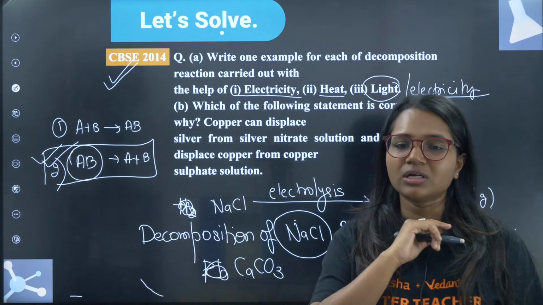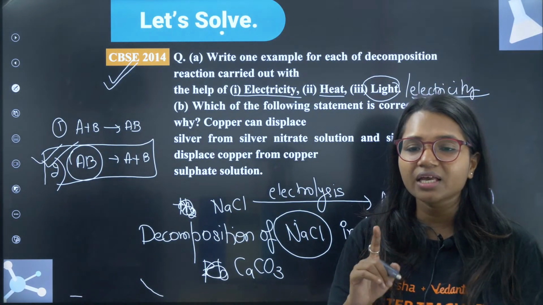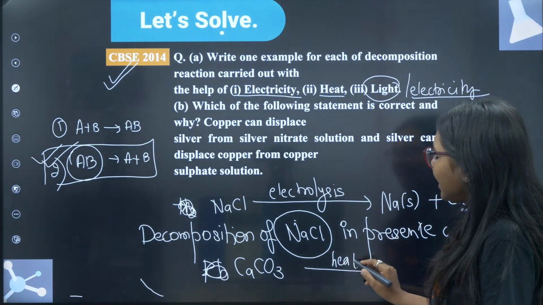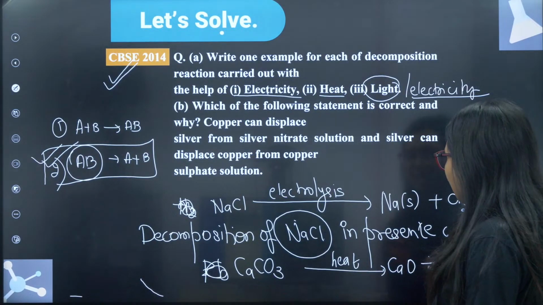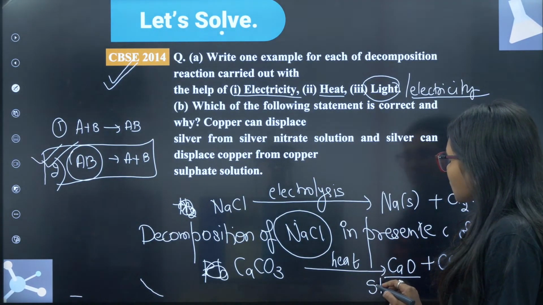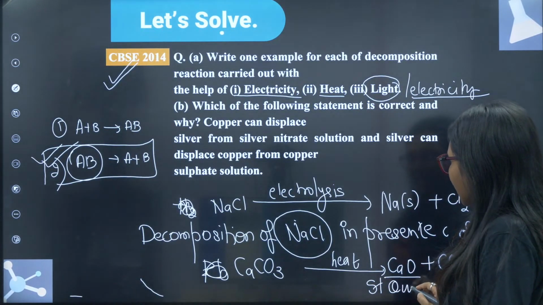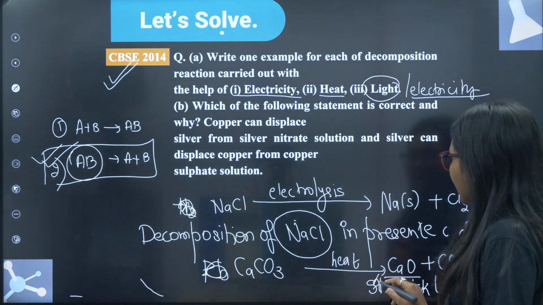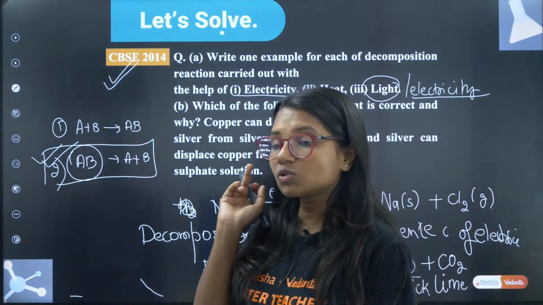Very nice. Absolutely correct. Sumukt has given the correct answer. Calcium carbonate, when you apply the heat, you get calcium oxide plus CO2. Calcium oxide is quicklime. Understood?